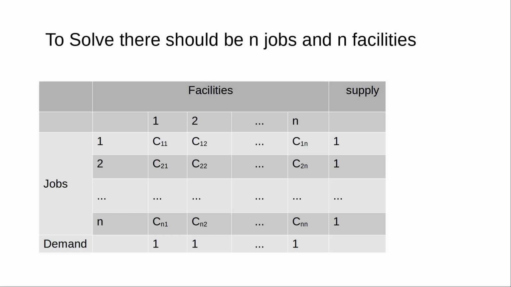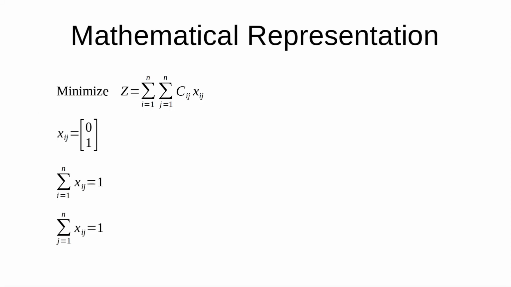Now the mathematical representation would be: if Z is the effectiveness function, then the summation of Cij Xij is what we have to minimize. That is, the cost multiplied by the assignment, and the summation of all such products, needs to be minimized.